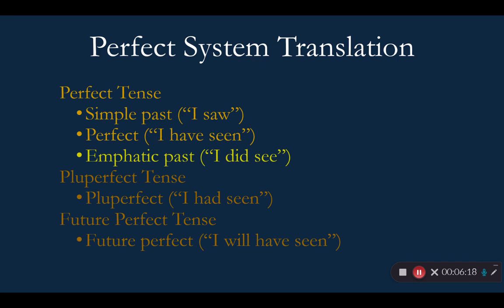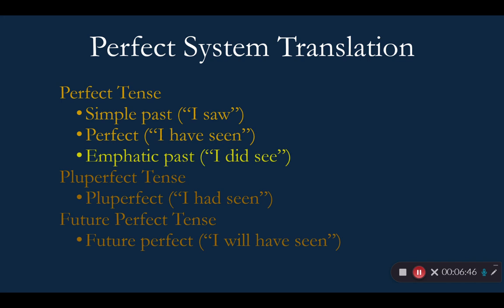So I did blank, you did blank, he, she, it did blank, we did blank, y'all did blank, they did blank. Just like with the emphatic present, the emphatic past is sometimes used for emphasis, right? I did see. But it's always used to create negative statements, such as I did not see.